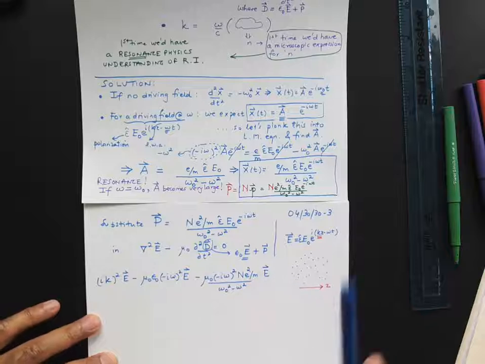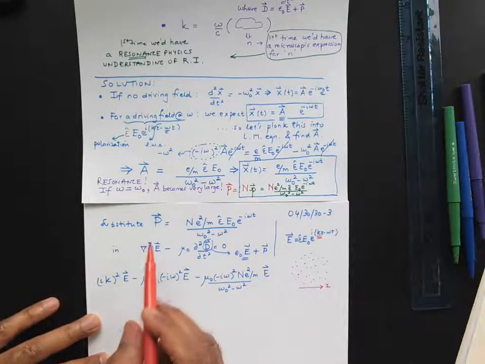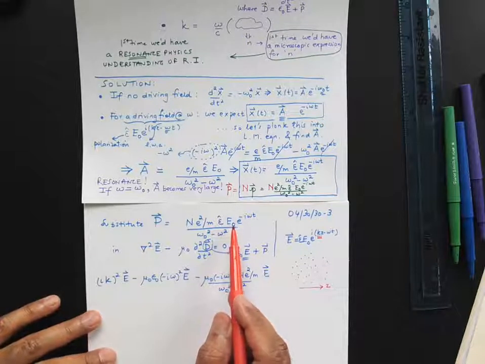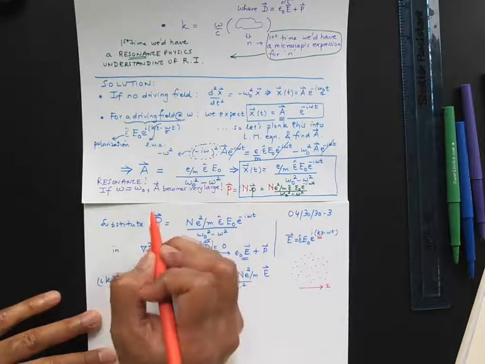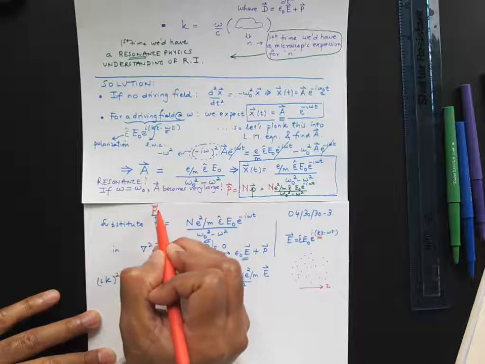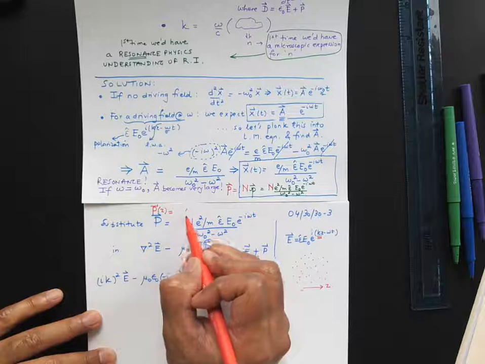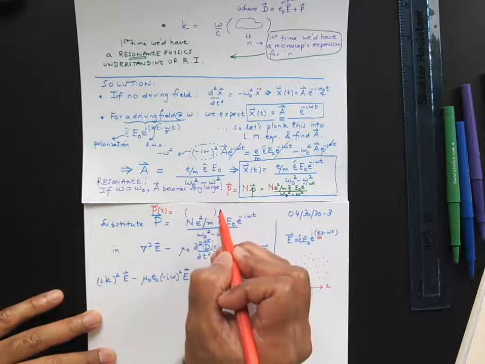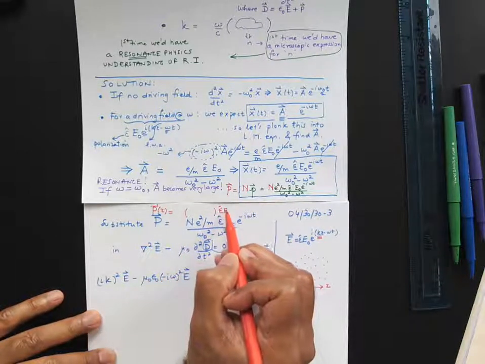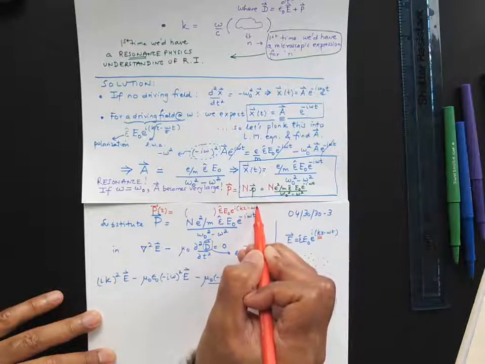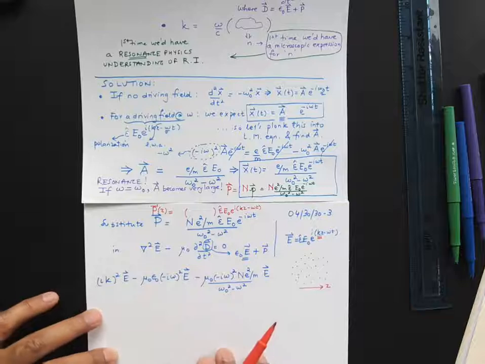And just remember, this was the polarization at the location of the single atom, which means that the polarization at some location z would be all of this times the polarization E naught e to the i k z minus omega t.